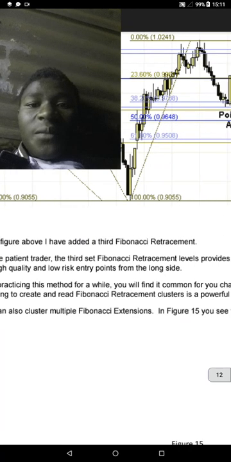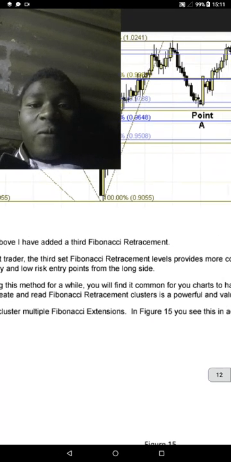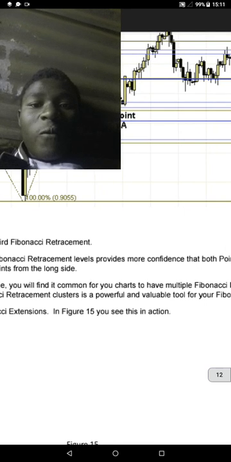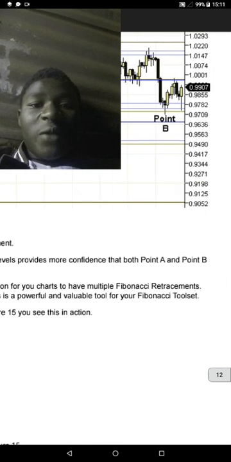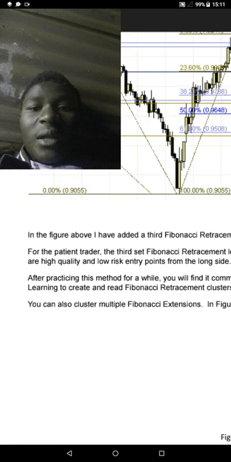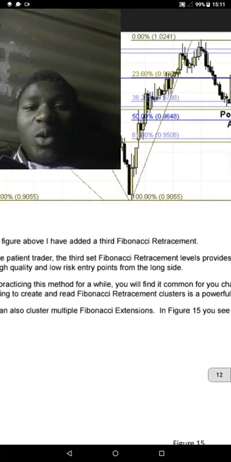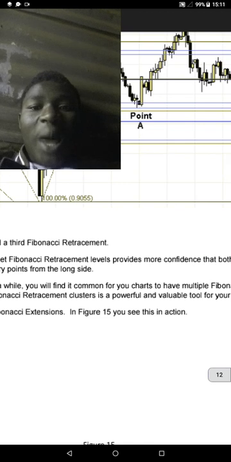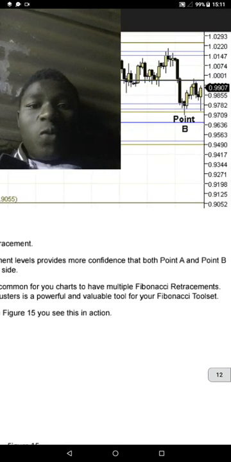After practicing this method for a while, you will find it common for your chart to have multiple Fibonacci retracements. Learning to create and read Fibonacci retracement clusters is a powerful and valuable tool for you.